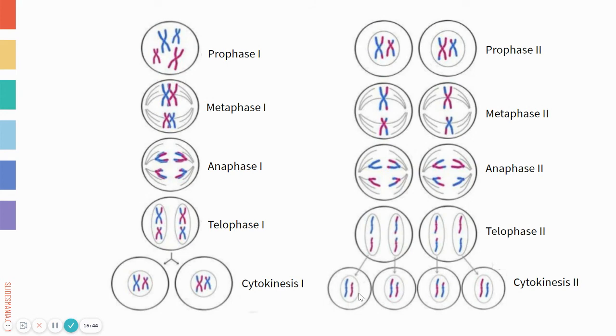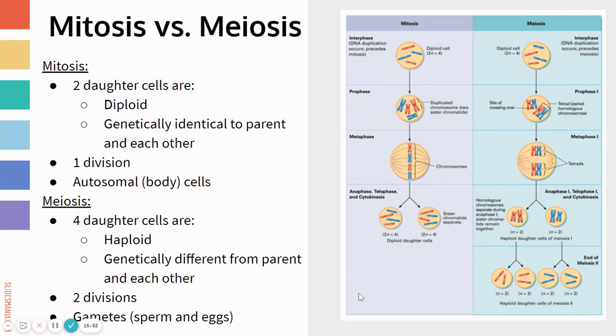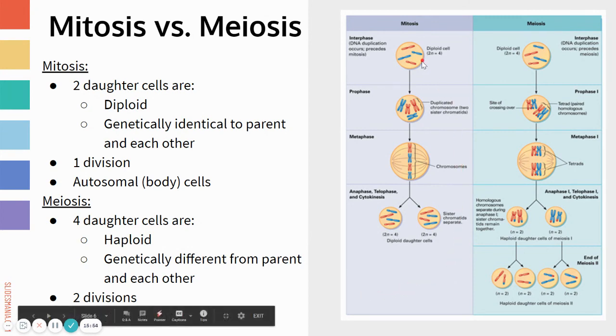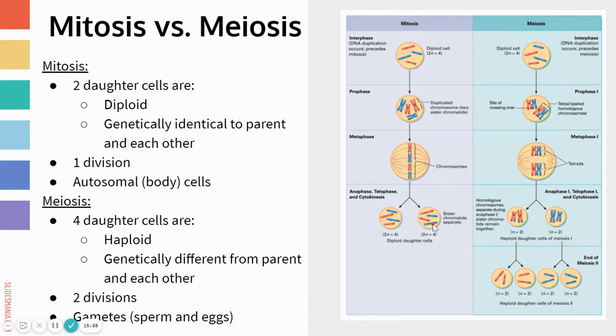Okay, our last slide in this presentation will just be a quick comparison of mitosis and meiosis. So remember that in mitosis, we're making only two daughter cells. And those two daughter cells are going to be diploid. So they're going to have a full set of genetic information with two copies of each chromosome.